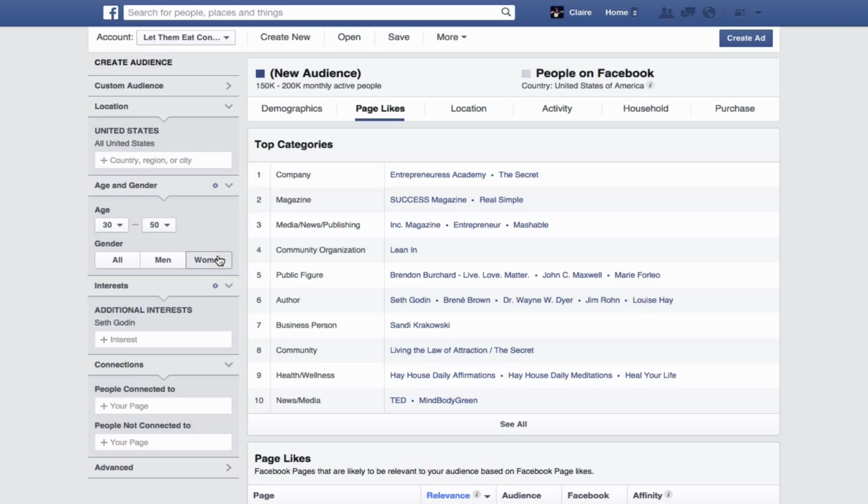Success Magazine is still up there, but it's also paired with Real Simple, which is a magazine that is certainly catered to women.